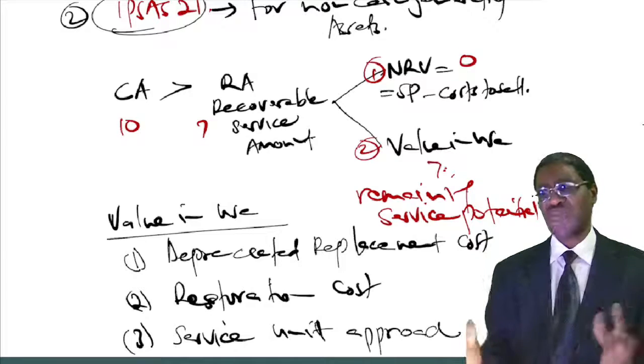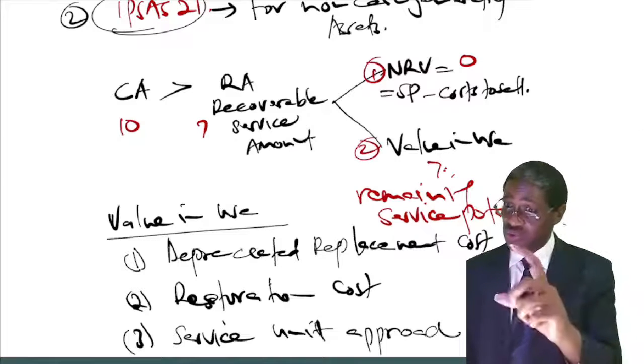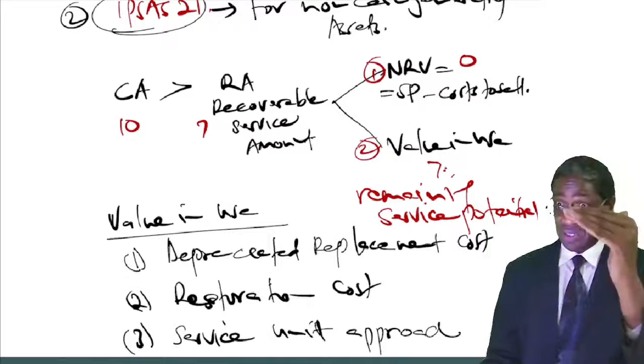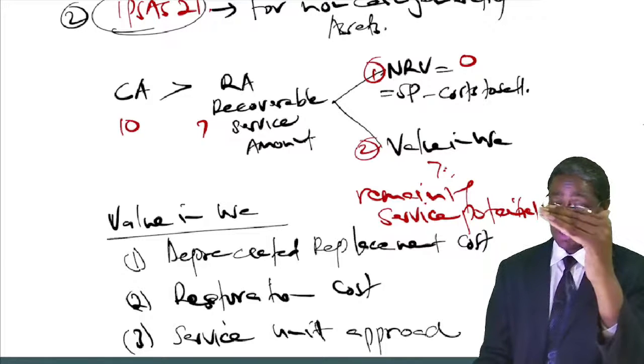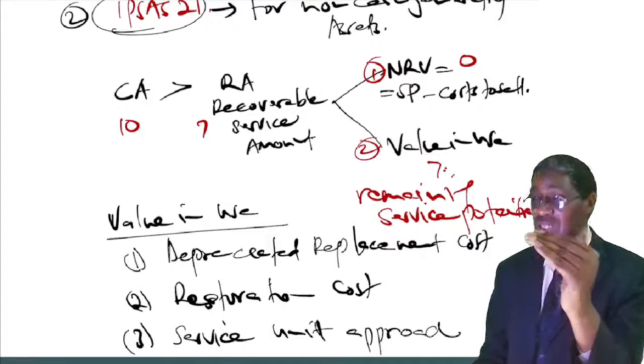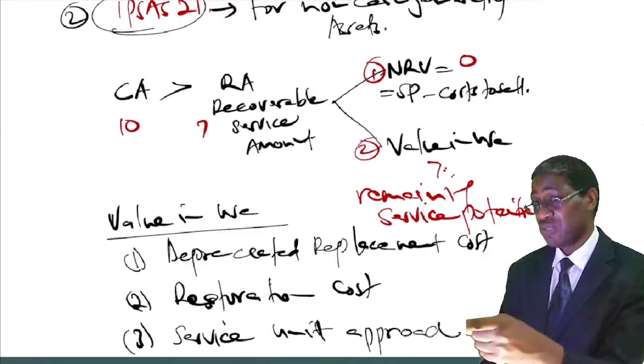Some questions from your past papers have asked you to define value in use as per the standard. If they tell you as per IPSAS number 26, cash generating assets, then you don't say service potential.